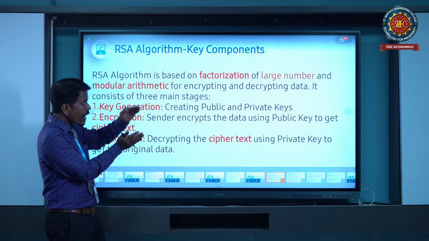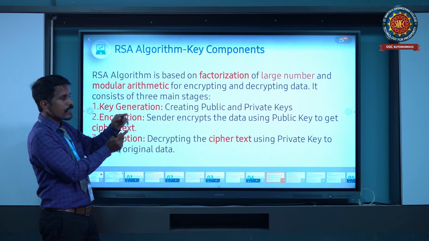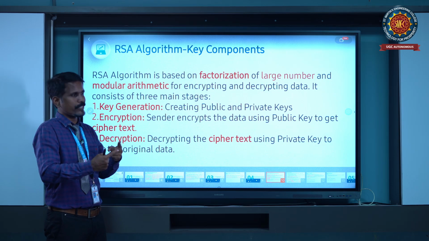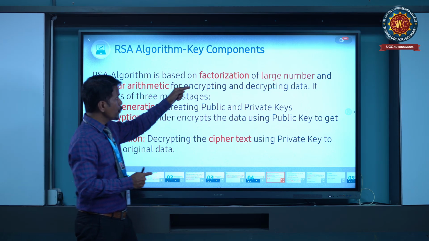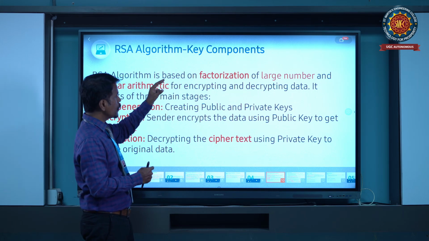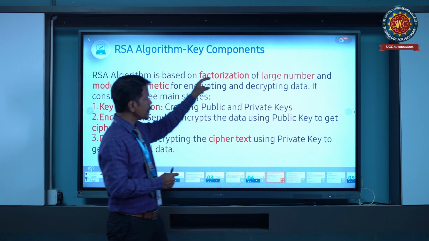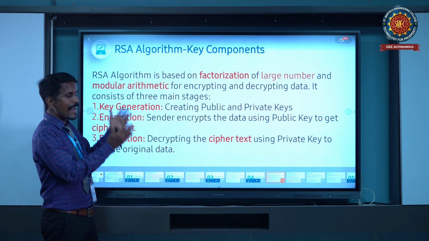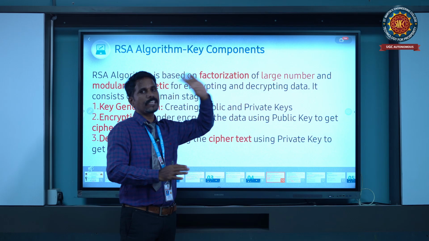So when we have these two major things, next we have to generate secure messages. Again I tell you that there are two processes in this RSA algorithm. One is the factorization of large numbers. The second is modular arithmetic for the encrypting and decrypting process.